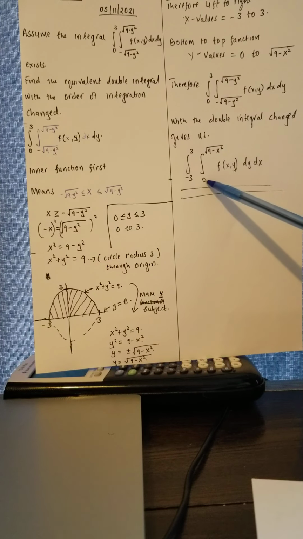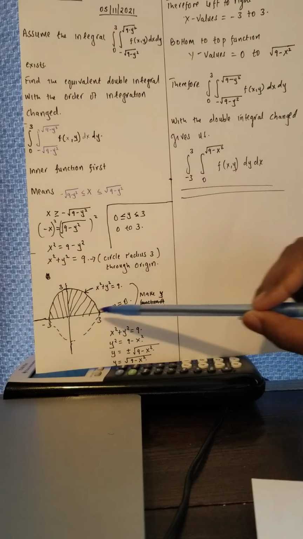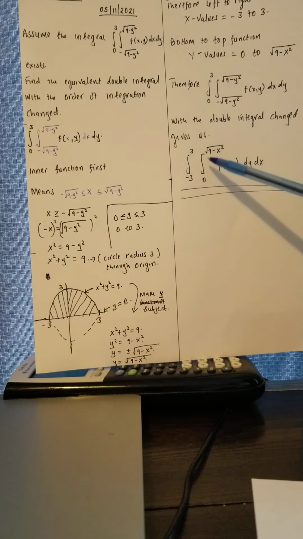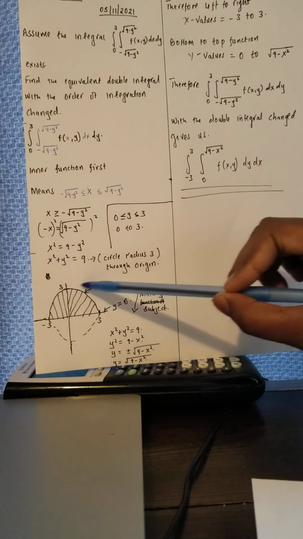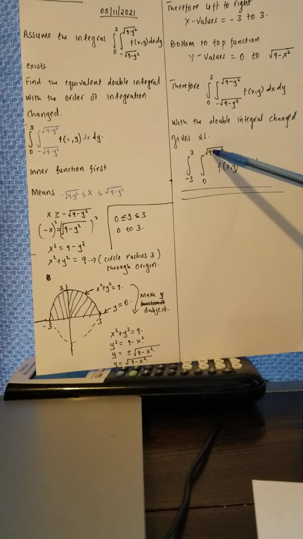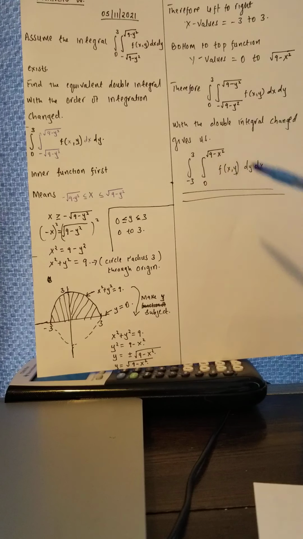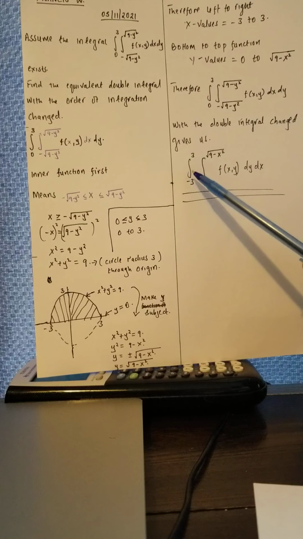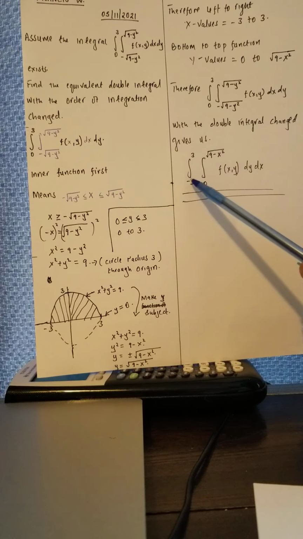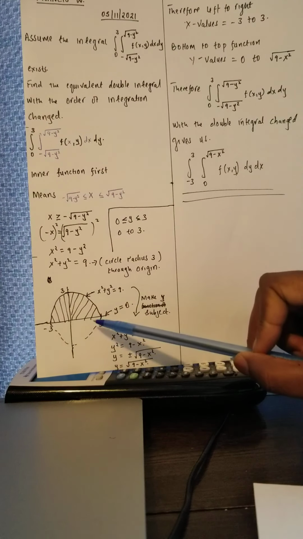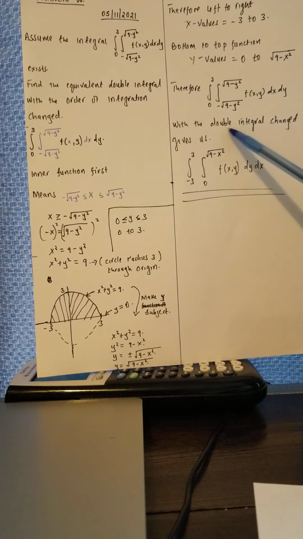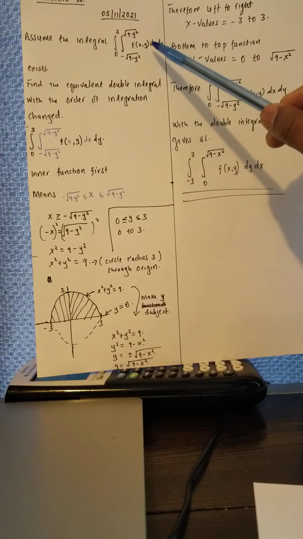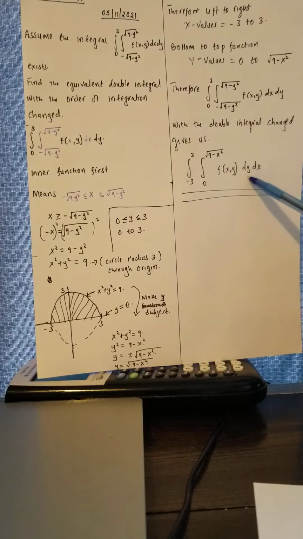The bottom limit is 0, and the top function is the square root of 9 minus x squared. And for the x values, they go all the way from -3 to 3. And therefore this is the function with the order of integration changed from dx dy to dy dx.